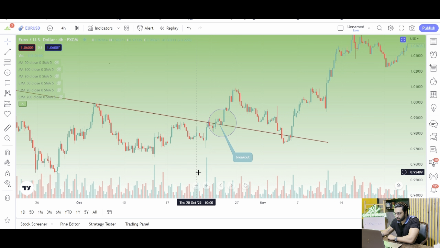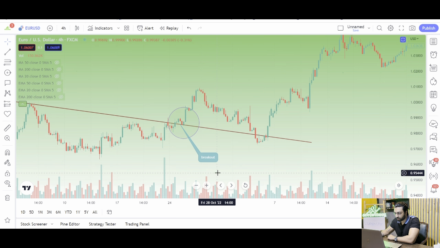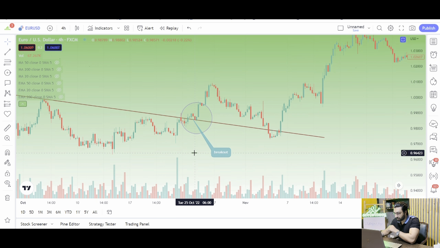Here you can see the volume was nice when the market was going to break out from the trend line. There was bullish volume, the buyers were pushing up, and that's what you need. If the trend is bearish, you need volume from the buyers to break out from the bearish trend line, and vice versa.